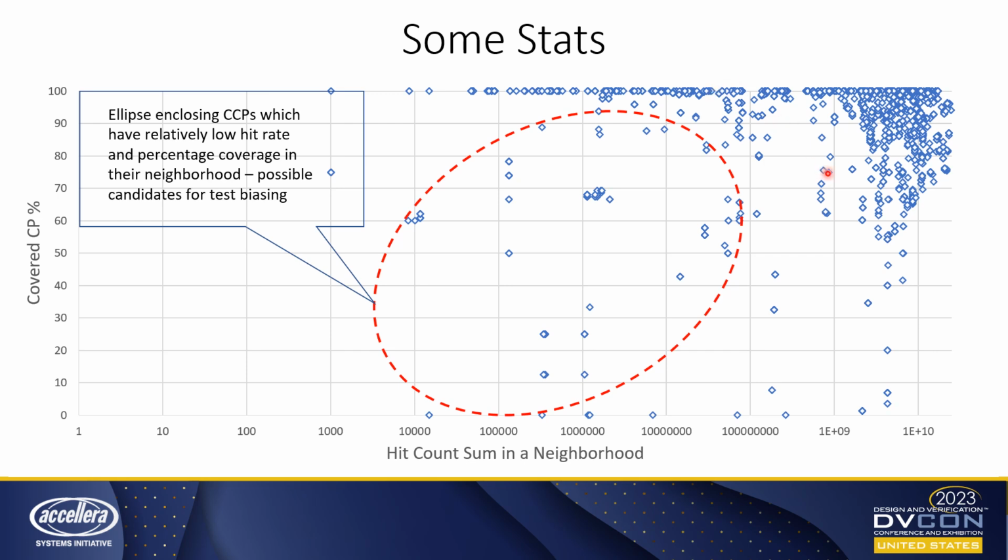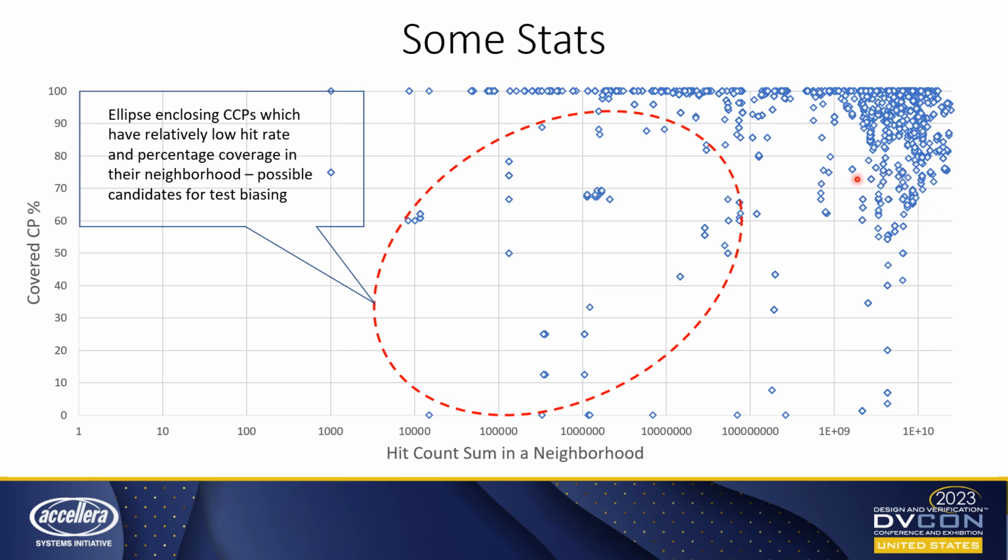Since this scatter plot was generated out of an end of project report, most of the points which have high coverage in their neighborhood are also the points which have high hit rate in their neighborhood. There are some exceptions like these points, which have high hit rate but whose neighborhoods are not well covered.